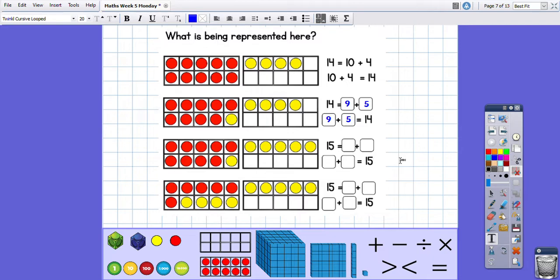I will then pop the answers in and you can see if you're correct. So we've got 9 red and 6 yellow, which means it's 9 add 6.